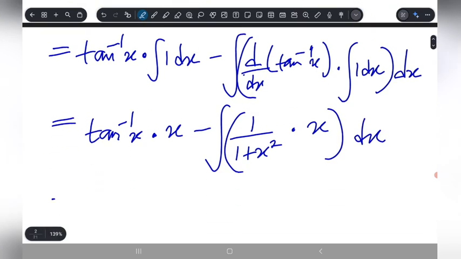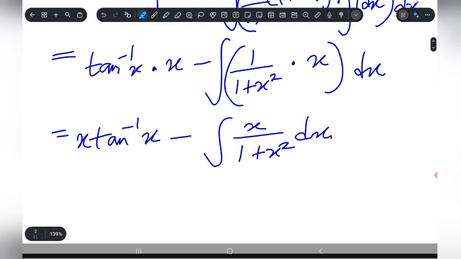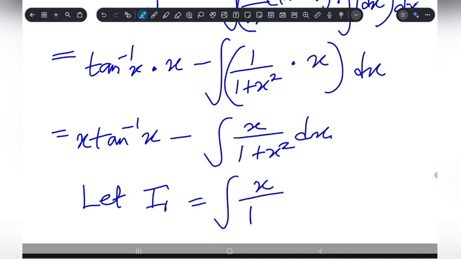Let's rewrite it to have a very common form: arctan x dot x, minus the integral of x over 1 plus x squared dx.